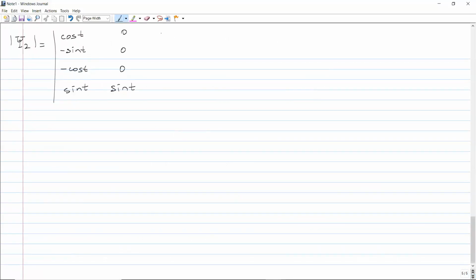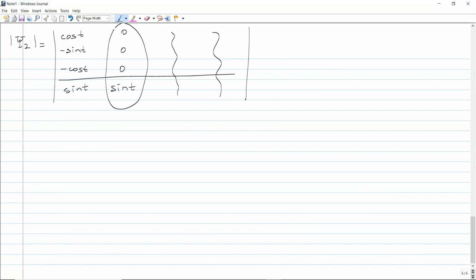Then the third row and the third column, fourth column of C again. Now I expand using the second column. The second column, sine t, comes with plus, minus, plus sign. So sine t times some determinant.